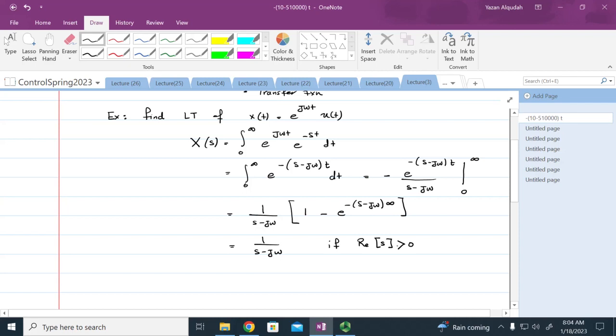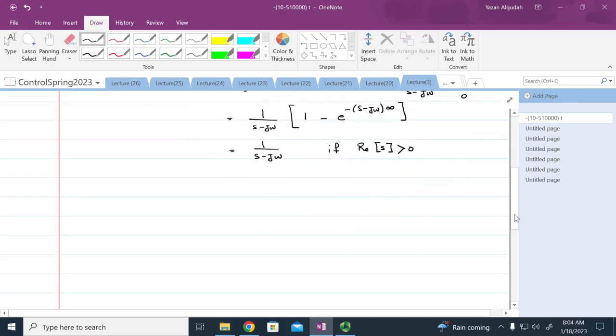If the real part of s is greater than 0, it's going to be multiplied by a negative sign and infinity, so this term is going to go to 0. Again, this j omega does not affect the magnitude. It's just oscillation. Just the real part multiplied by infinity has to be negative infinity, so therefore the real part has to be greater than 0. Together, everybody?